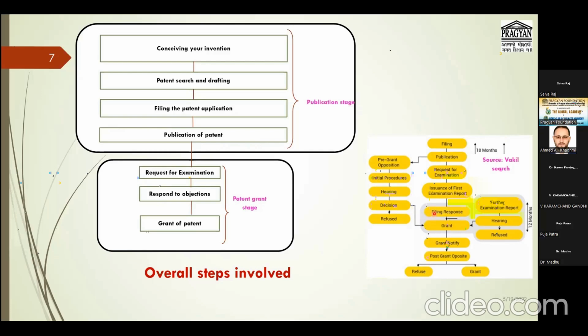Also, in the patent process, sometimes pre-grant opposition as well as post-grant opposition will take place, which means somebody can apply for pre-grant opposition because of patent infringement. Somebody took my concept, somebody extracted my concept, and they are trying to go for a patent.